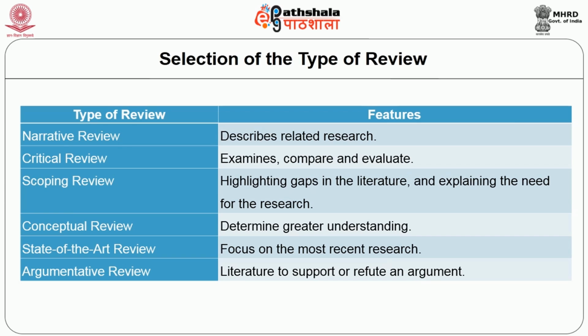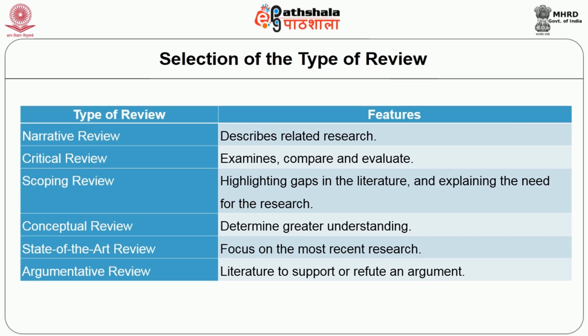Narrative review. The main feature of this is it describes the research and related subjects. Next type of review is critical review, which examines, compares and evaluates the results. The next type is scoping review, which highlights the gap in the review of literature and explains the need for research. The next one is conceptual review, which determines a great understanding.